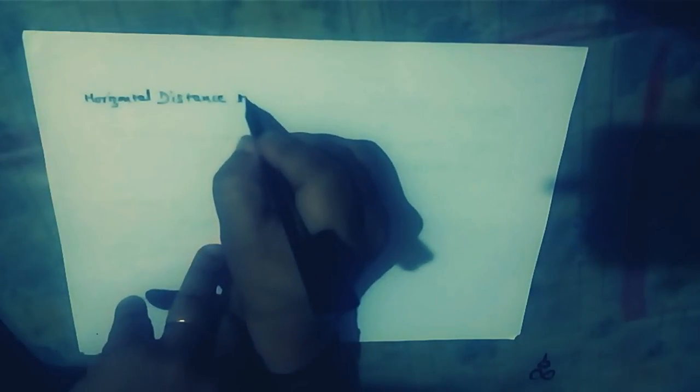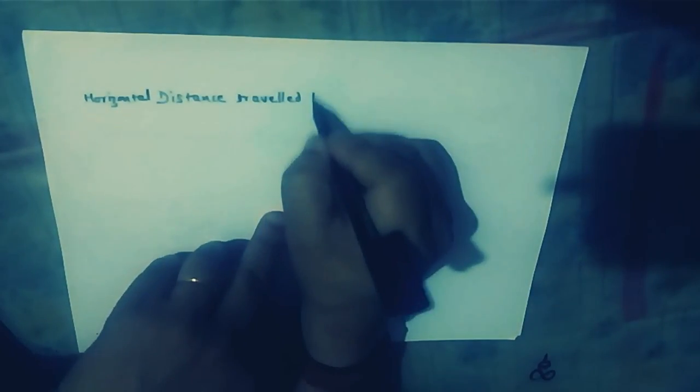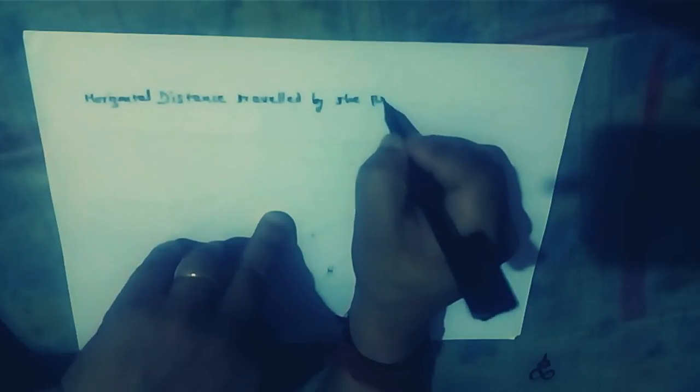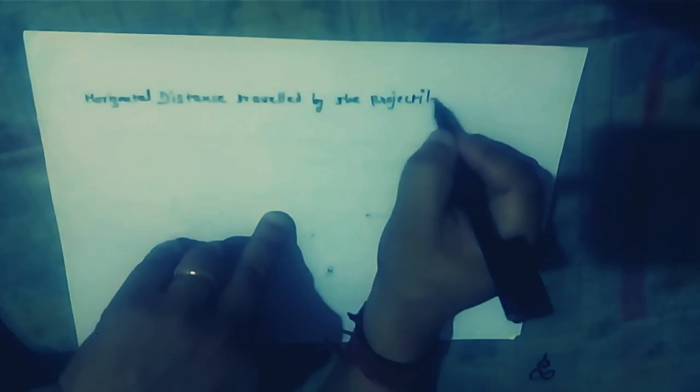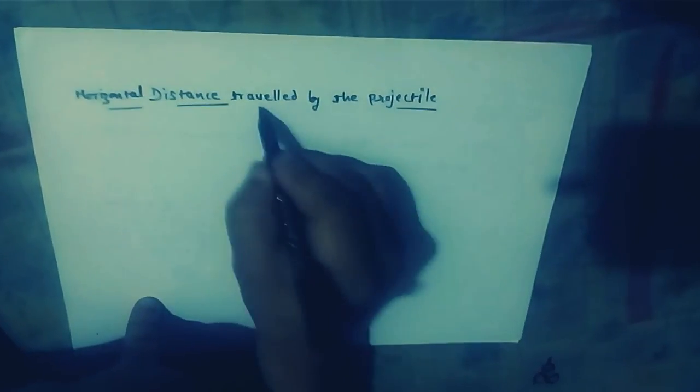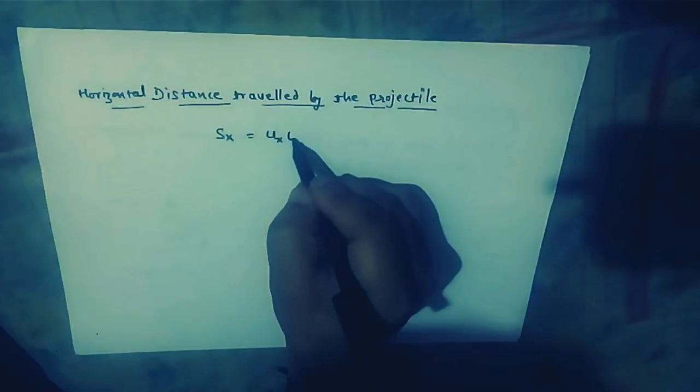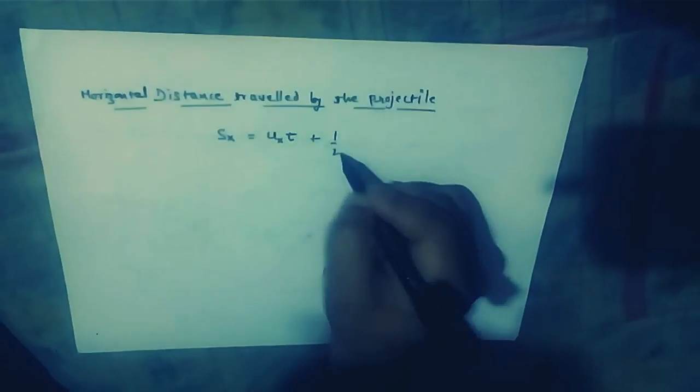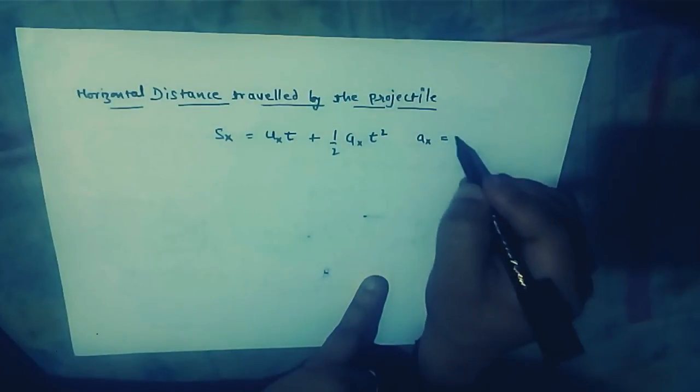Suppose for the x-axis, the horizontal distance traveled by the projectile at the finish of its journey is sx equals ux t plus half ax t squared, where ux is the horizontal component along the x-axis. Here ax, the acceleration along the x-axis, is 0.